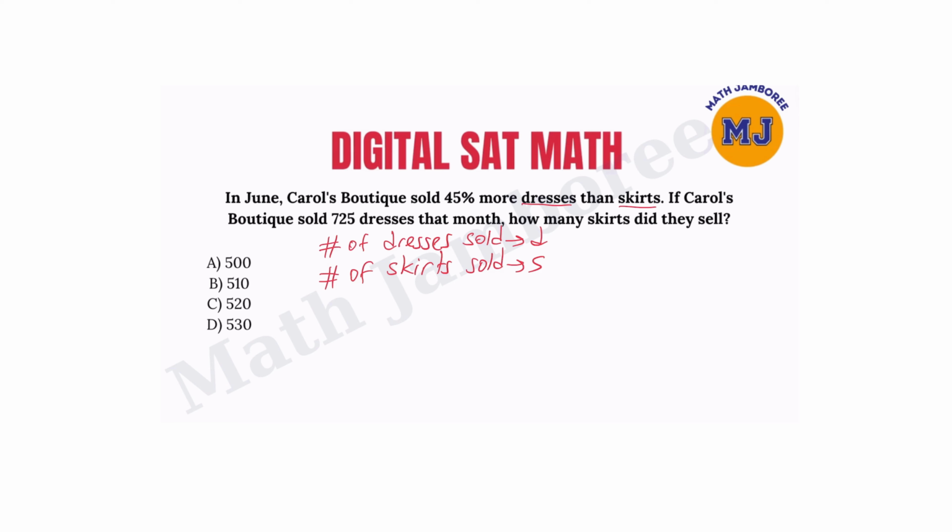So, did they sell more dresses or skirts? Dresses. So more dresses, right? So then D will be equal to S plus 45%. What does 45% mean? 45 over 100.